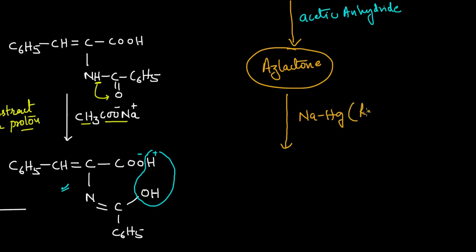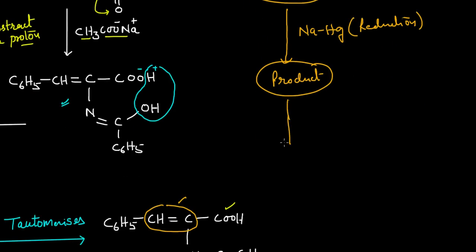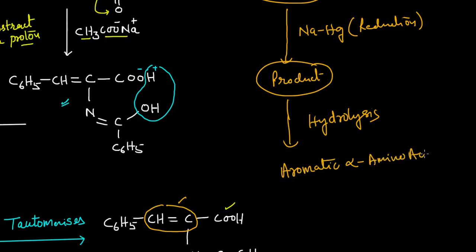So we do the reduction here, and then after reduction, we do the hydrolysis. जो भी यहाँ product azlactone के बाद जो भी product बना, that is hydrolyzed. उसका hydrolysis हो जाएगा, and finally we get this aromatic alpha amino acid prepared from this Erlenmeyer Azlactone synthesis.